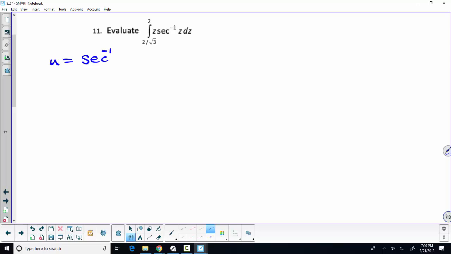Are you all okay if I use X's? I don't like Z's, because my Z's end up looking like 2's, and then I have to put lines for my Z's. And it's just too many pen strokes. Okay. All right. X inverse secant of X dx.